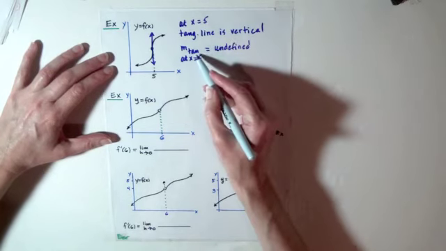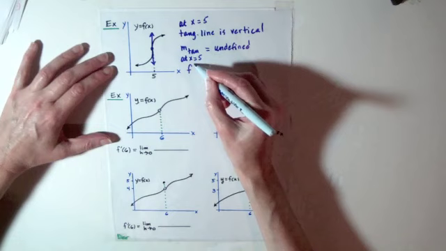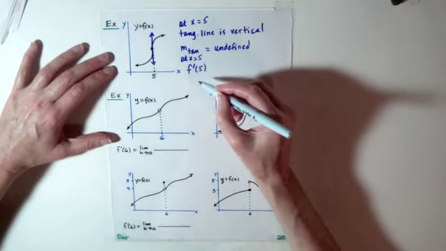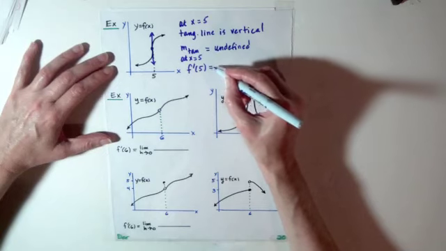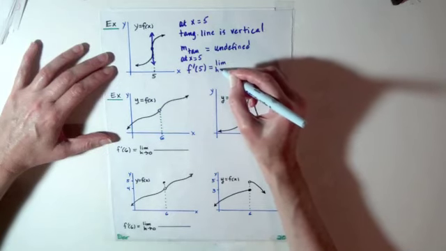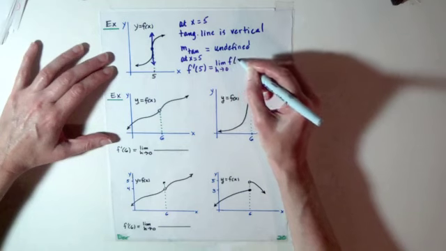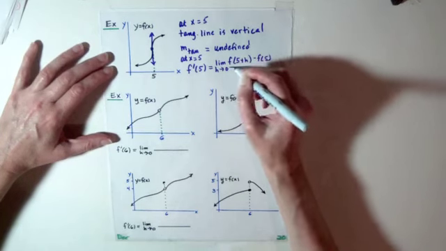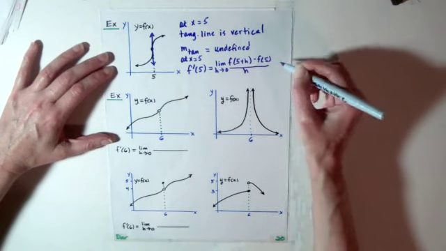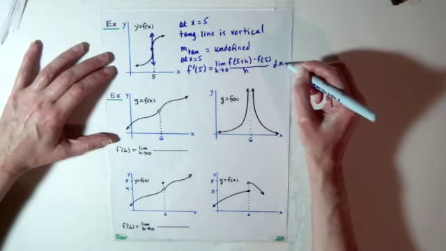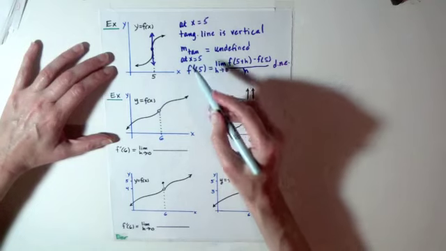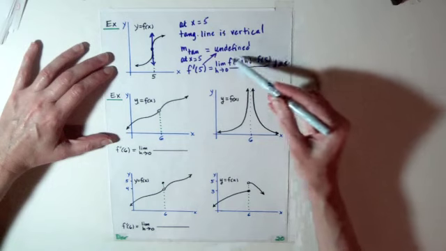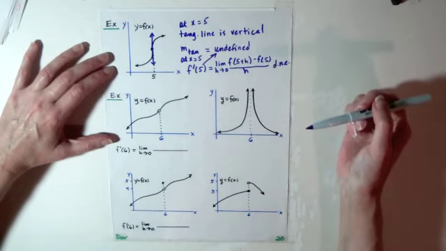So the slope of the tangent line right here, because it's vertical, is undefined. But remember that the slope of the tangent line at x equal 5 is the same thing as f prime of 5. And so what we're saying is that f prime of 5, which is that limit as h goes to 0 of f of 5 plus h minus f of 5 all divided by h, that limit does not exist because f prime of 5 is something that is undefined. That's another way of saying that this limit of this expression does not exist.